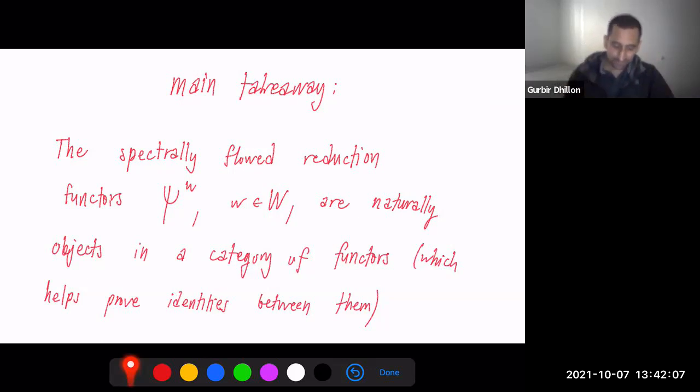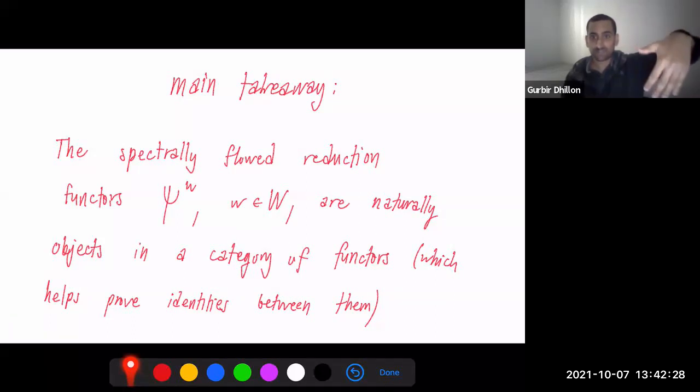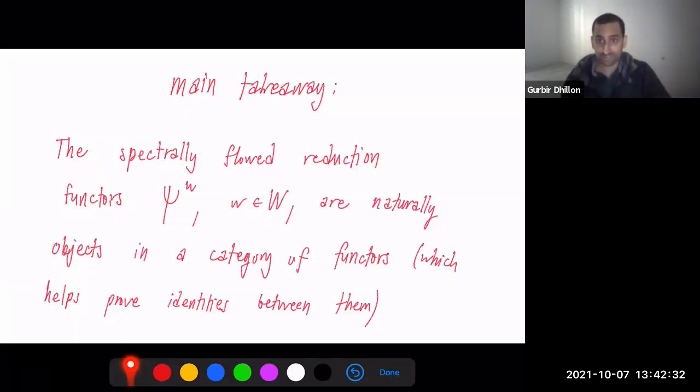There are certain ways in which these spectrally flowed reductions talk to one another, so that when you put them all together, you get a nice functor category. The usefulness of that is that once you know a place in which they all live, that helps you start proving identities relating different ones. This is slightly vague, but I'm going to try to say it more precisely.